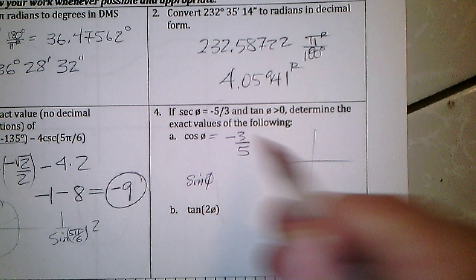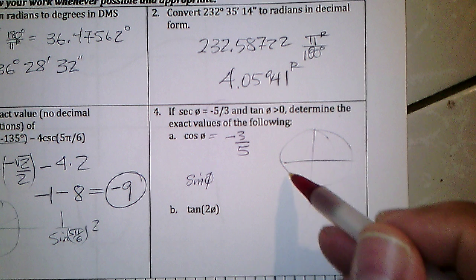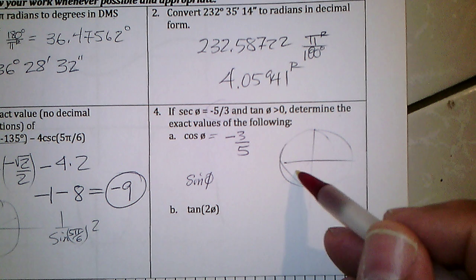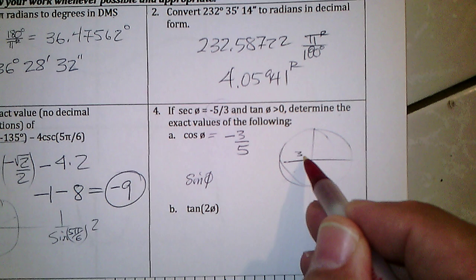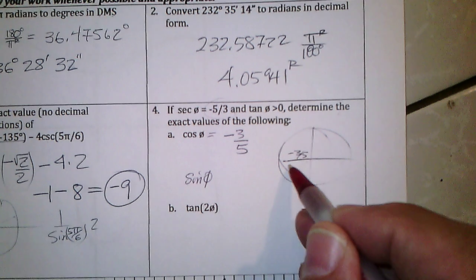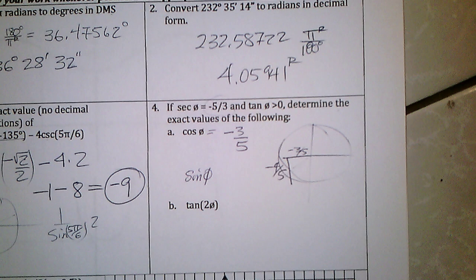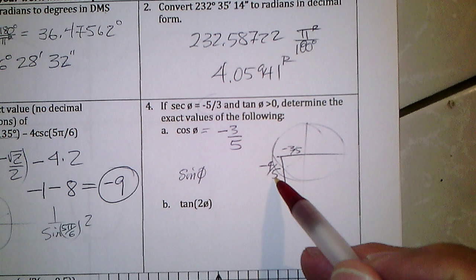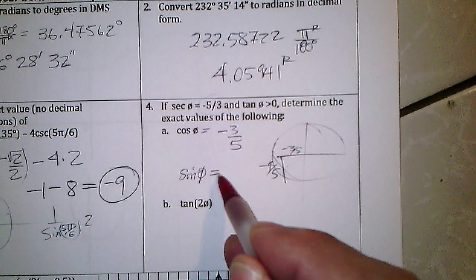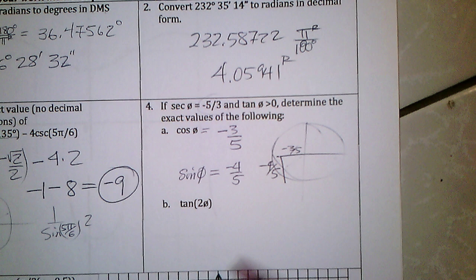If the cosine is negative and the tangent's positive, we have to be in this quadrant. And if the cosine is negative 3/5, the sine would have to be negative 4/5. If we do sine squared plus cosine squared equals 1, we'd get the square root of 16/25, and we have to use the negative one, negative 4/5.